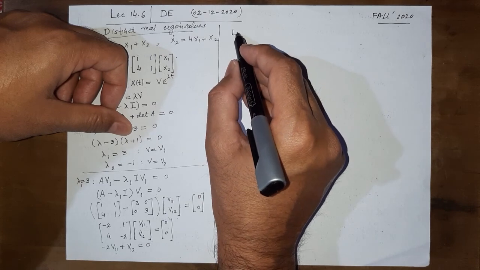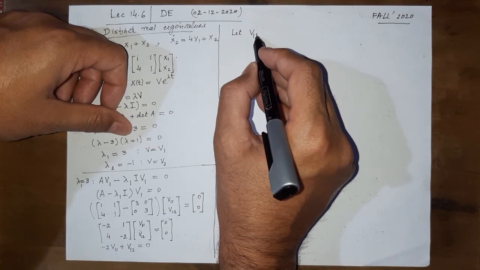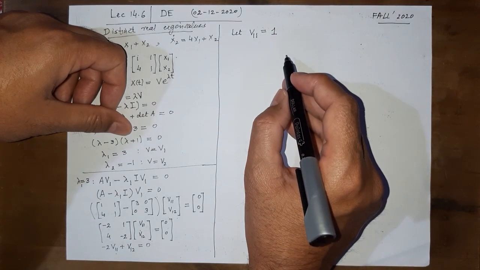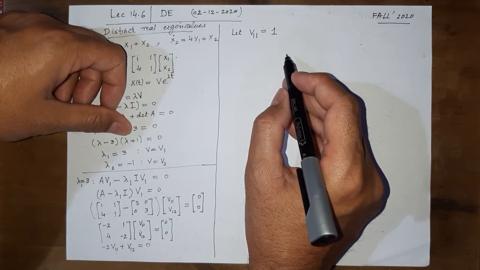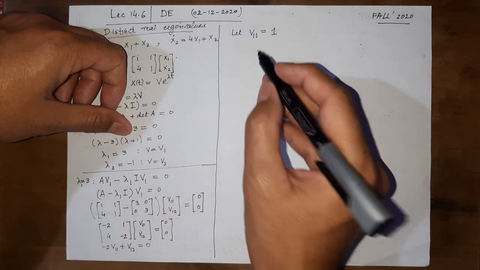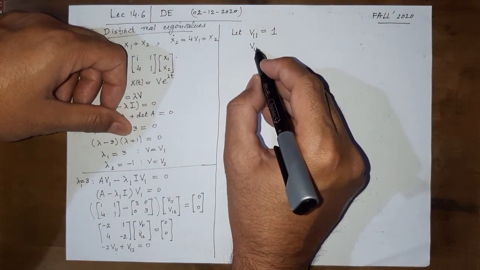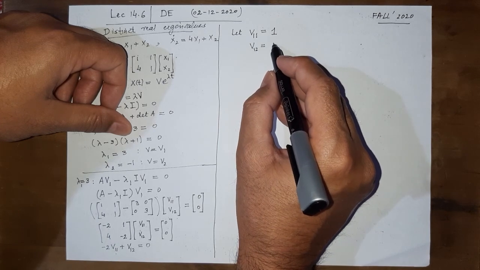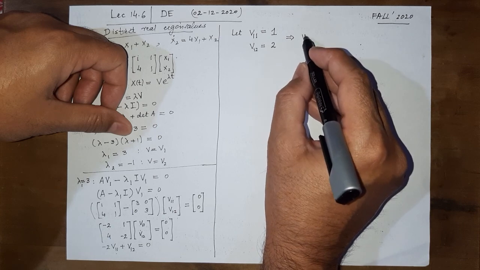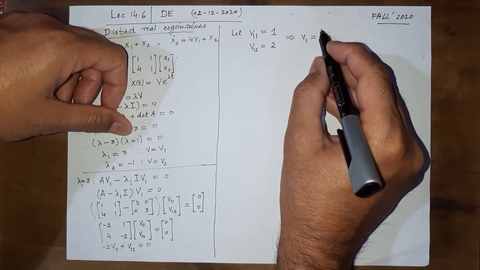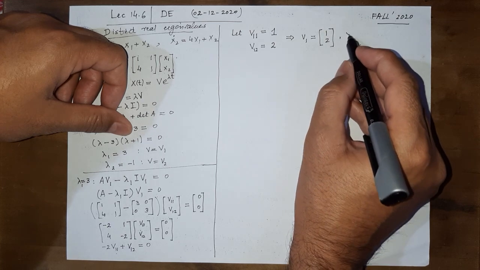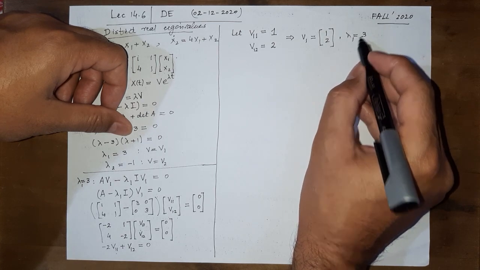So let v11, the top one, be 1. We are assuming it straight away, and then v12 would be equal to 2 v11, which is 2. So this implies that the eigenvector is (1, 2) when lambda is 3.